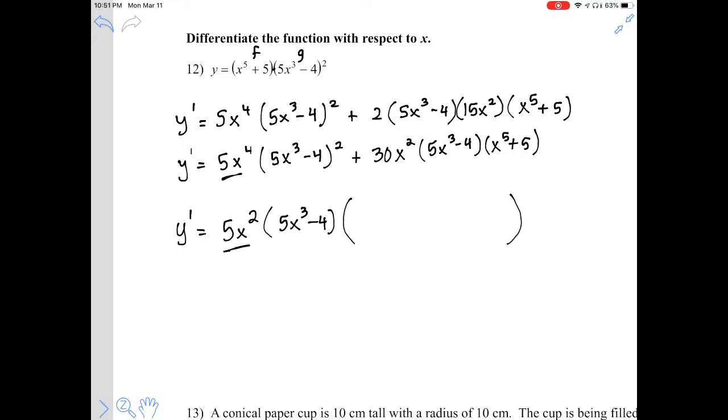That factored out of that leaves an x squared. And then that factored out of one of those leaves one of them, 5x cubed minus 4. 5x squared factored out of 30x squared leaves us 6. And then that was factored out from that, leaving that term there in parentheses.